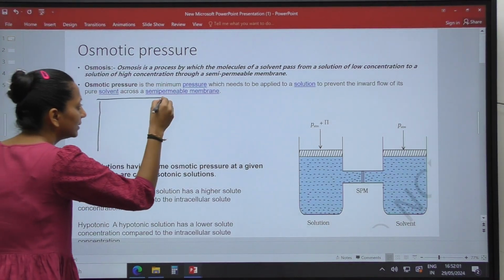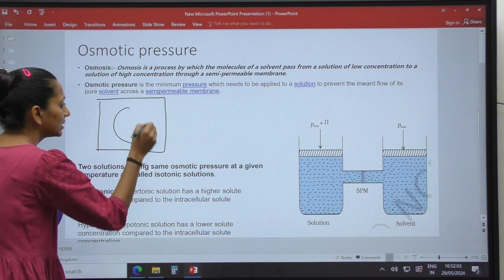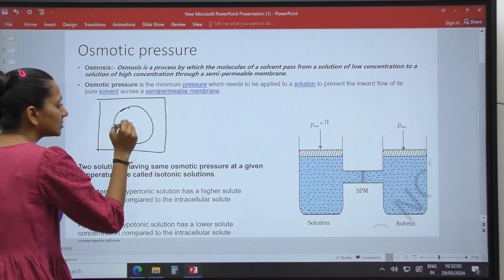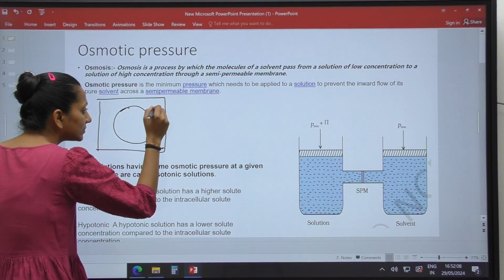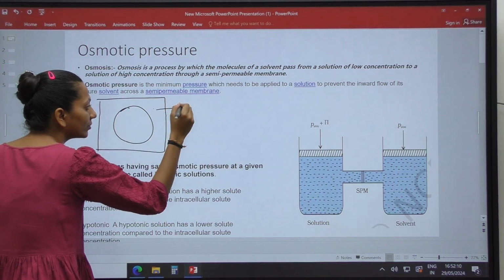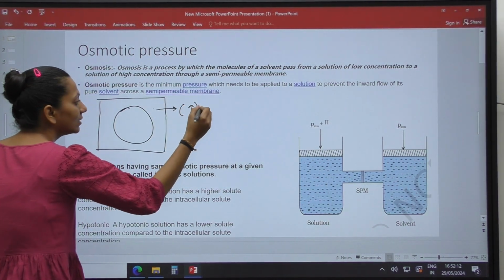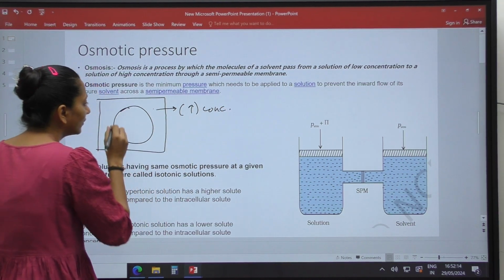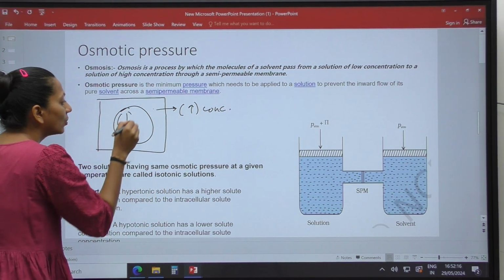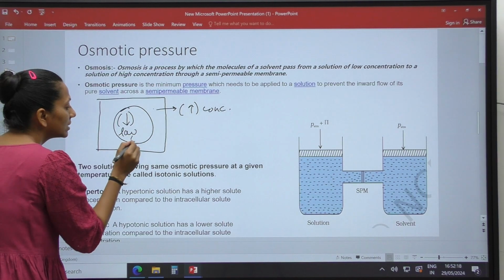Suppose I am having a beaker like this, and I have kept a cell in this. The outer side is having more concentration, whereas the intracellular is having low concentration.